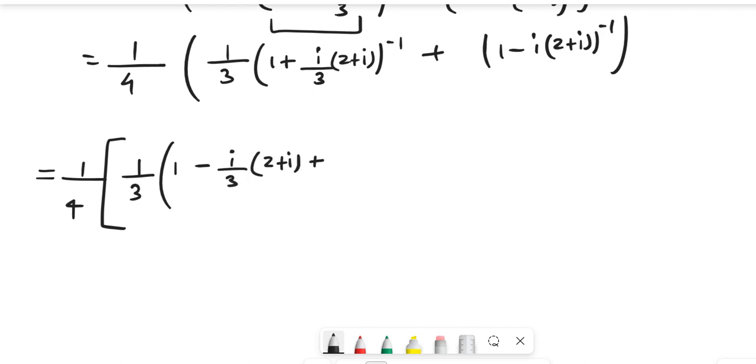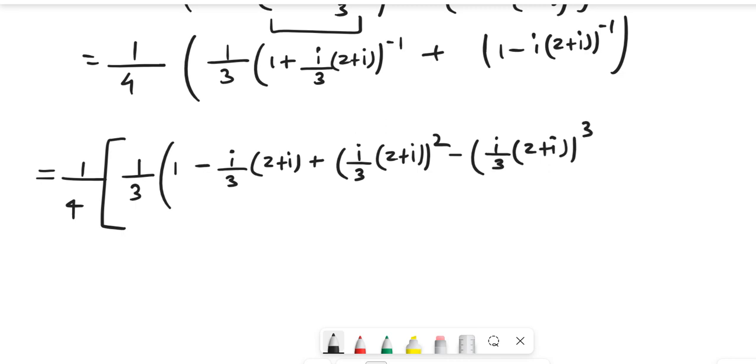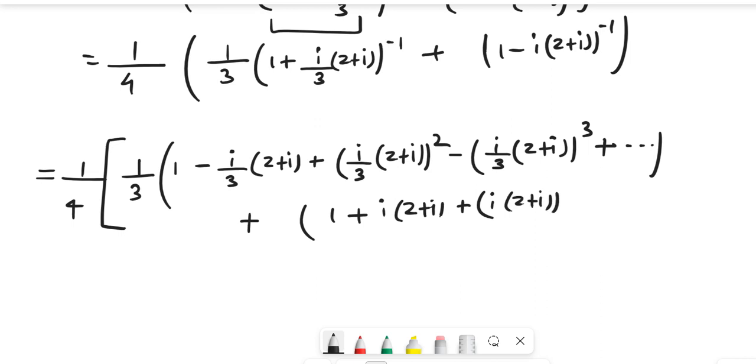1 minus i over 3 times z plus i, plus i over 3 z plus i whole square, minus i over 3 z plus i whole to the power 3, plus dot dot dot. Now further here will be plus 1 plus i times z plus i plus i times z plus i whole square plus i times z plus i whole cube plus dot dot dot.